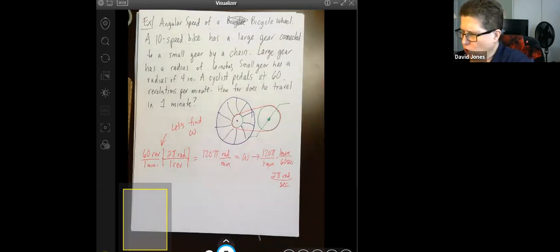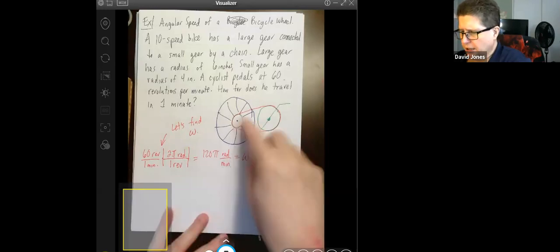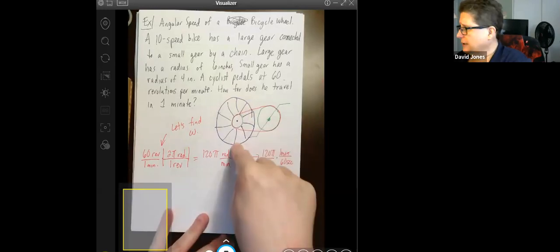So now how quickly, the question is, let's see, how do I want to phrase this? We need to know how fast the smaller gear is spinning, right? The smaller gear tells us how quickly the tire is going.